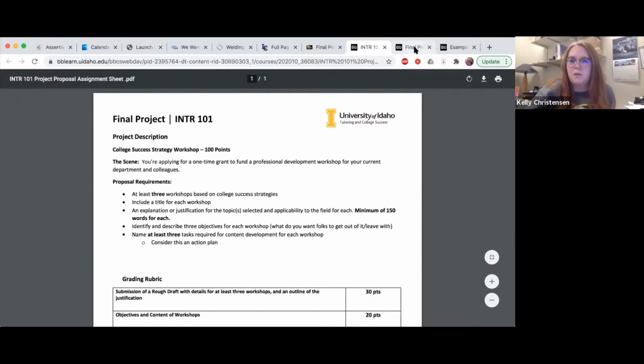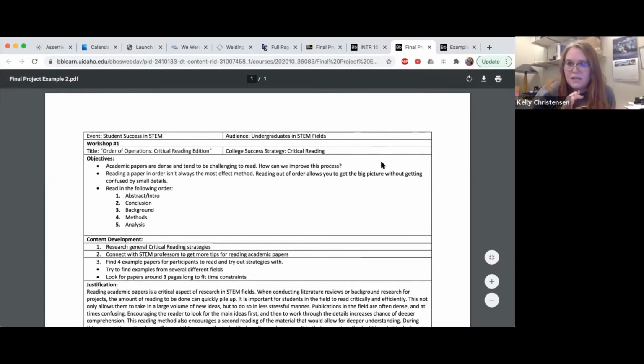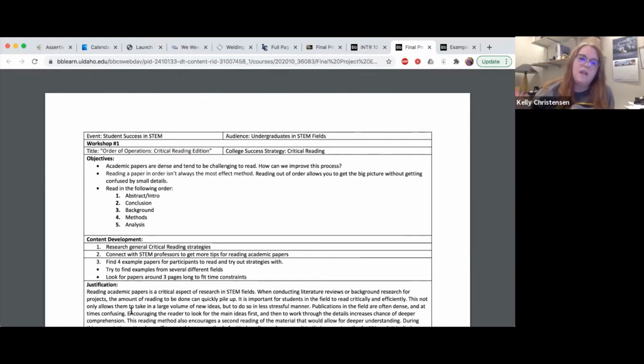But what we're going to do is jump over to the examples and look at what that really means. Our objectives are all about what are the things we want folks to get out of this workshop. The justification is all about why it's important and what sort of things go into it. And the content development is basically what are the steps I'm going to take before the workshop starts?